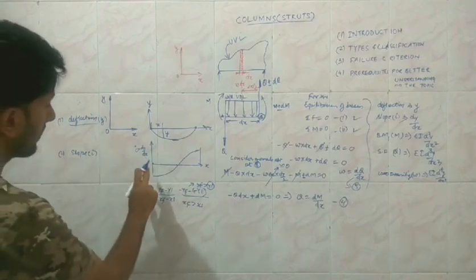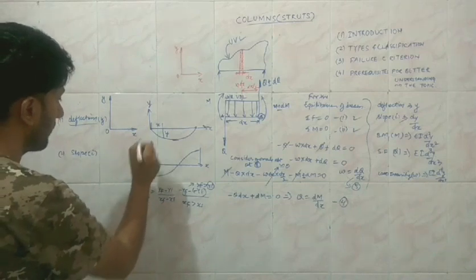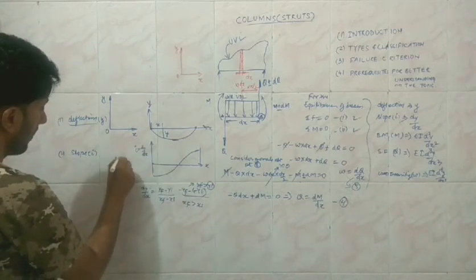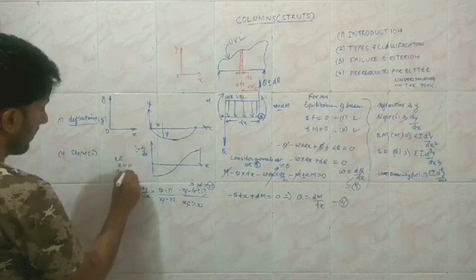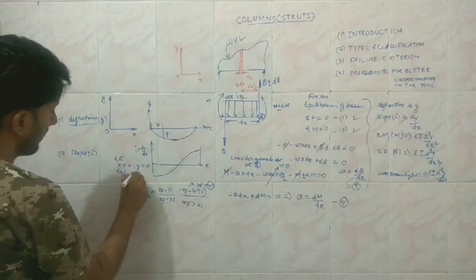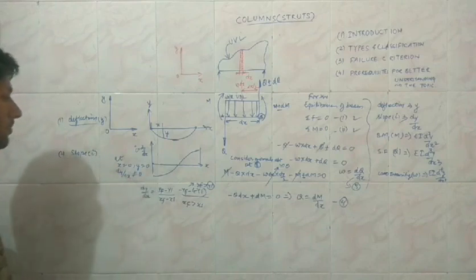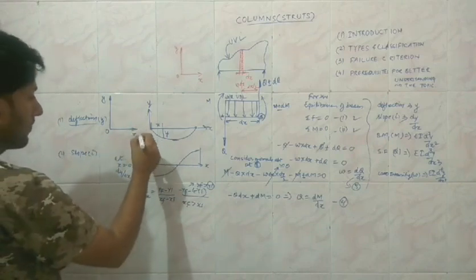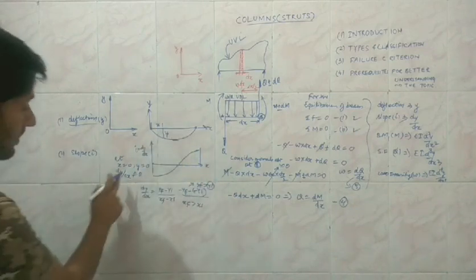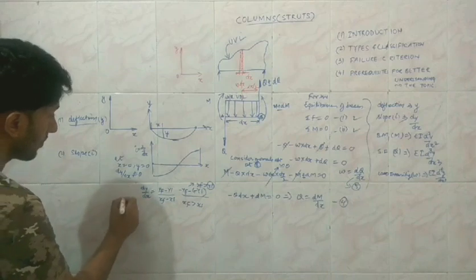So again, you see in this case at this end where x is equal to 0, y is also equal to 0, and dy upon dx is not equal to 0. But if the end was fixed, then dy upon dx is equal to 0.